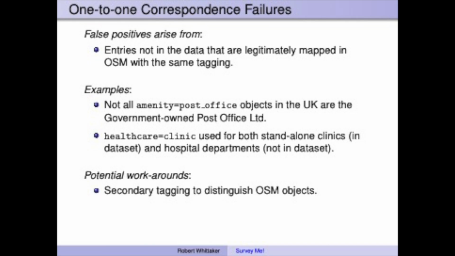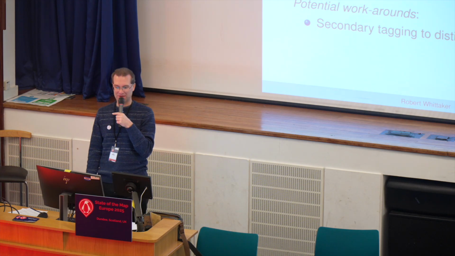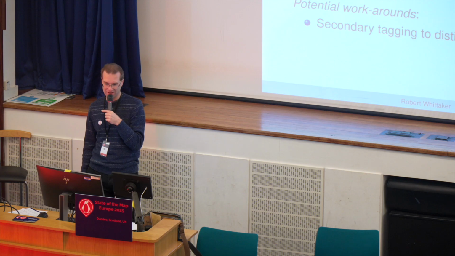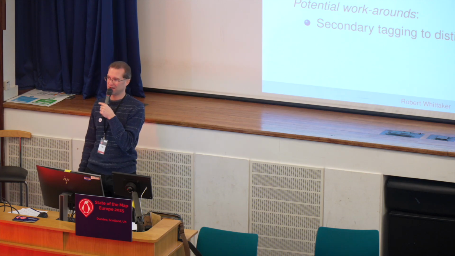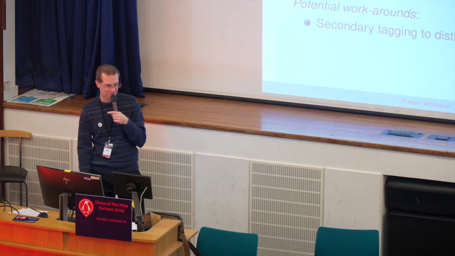So you can have third-party private companies that run things that look a bit like post offices and get tagged like that in OpenStreetMap. Also, healthcare equals clinic is used for both standalone clinics that might appear in a data set of healthcare locations, and also hospital departments.